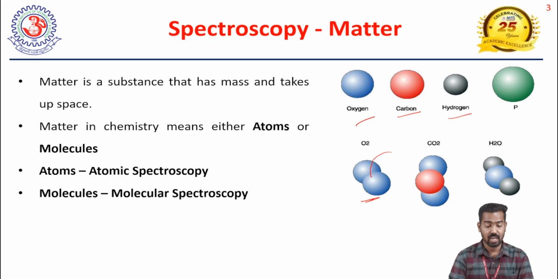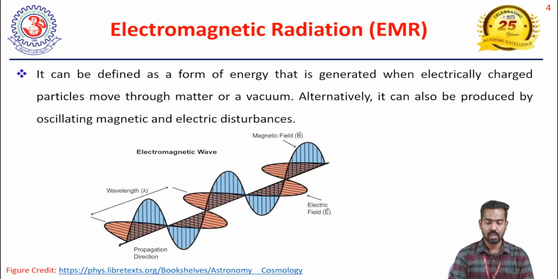If we are considering only atoms, that is called atomic spectroscopy. Very simple to understand. If we are considering molecules, that is called molecular spectroscopy. So I think you understood the meaning of matter: either atoms or molecules.